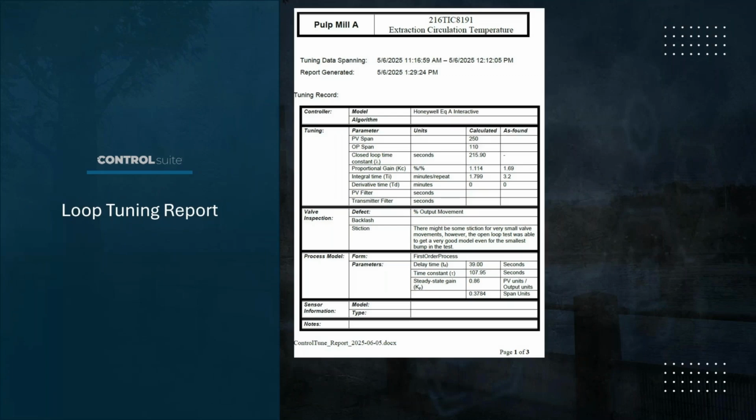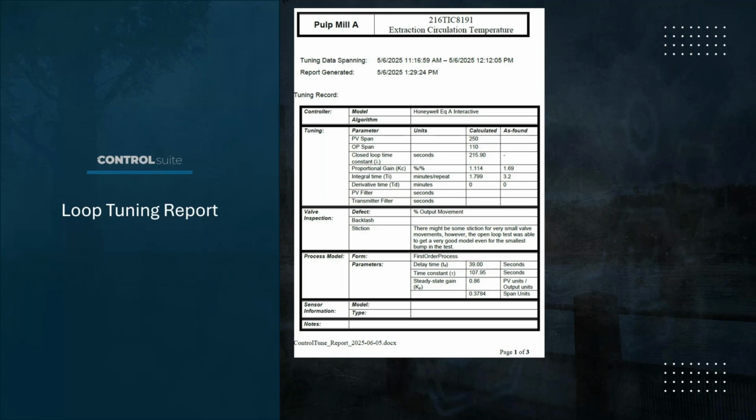In a previous webinar, we showcased the built-in loop tuning functions provided in Control Suite. After carefully checking the tuning in an offline model, the tuning parameters can be printed out and given to the team that manages the DCS or PLC loops.